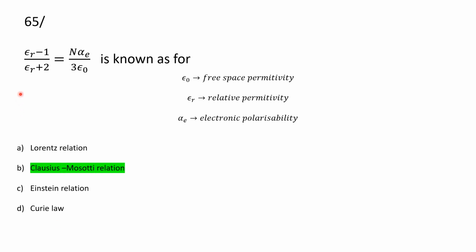Then, epsilon r minus 1 over epsilon r plus 2 is equal to N alpha e by 3 epsilon naught is known as? Here epsilon naught is the free space permittivity, epsilon r is the relative permittivity, and alpha e is the electronic polarizability. This is the Clausius-Mossotti relation. So option B is the right answer.